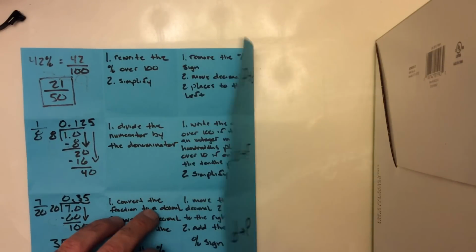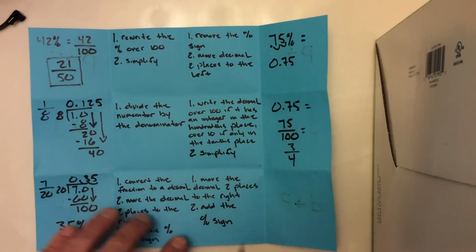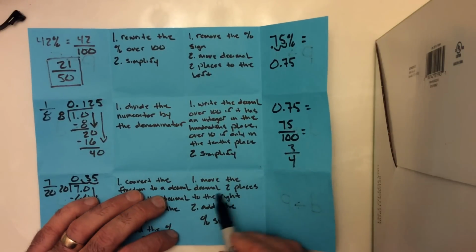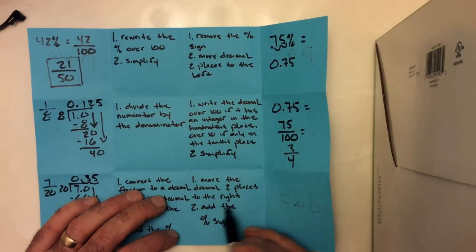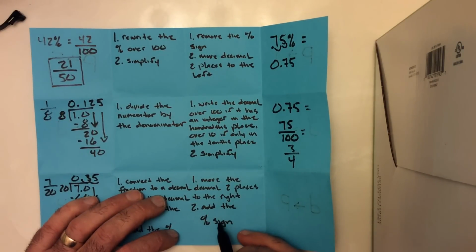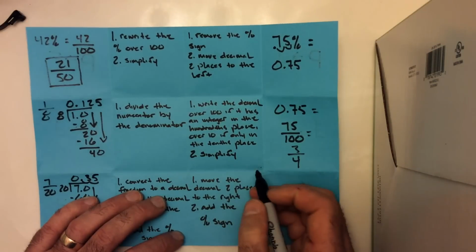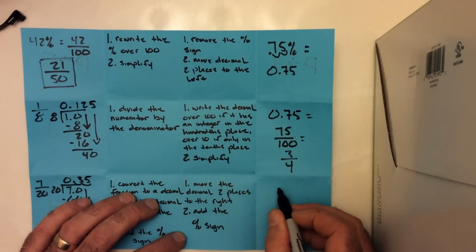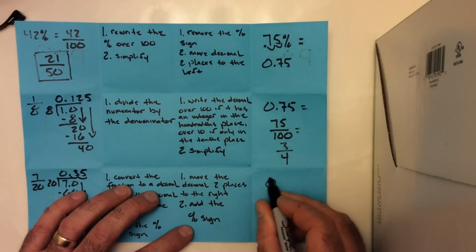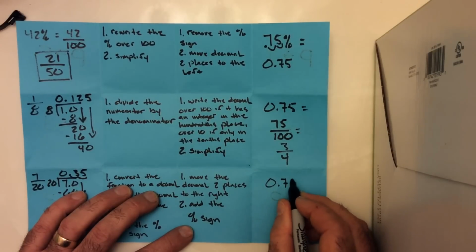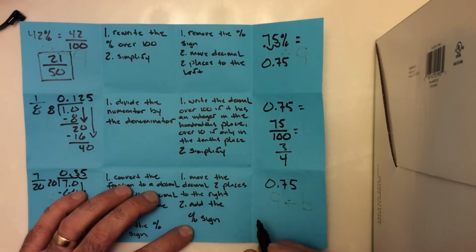Decimal to percent. All right, so our rules tell us we want to move the decimal 2 places to the right, and then we just want to add the percent sign. So let's go ahead and use this one again. 75 hundredths.